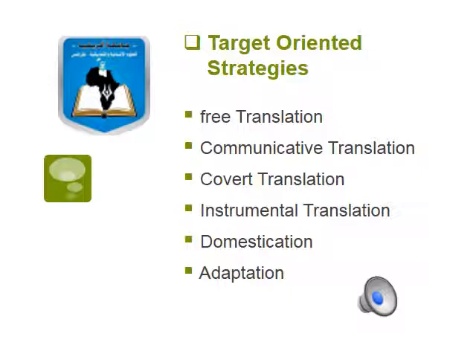And we move now into our last strategy in this slide. As I told you, there are so many, but we chose just a number of them. And that's adaptation. Adaptation is a motivated intervention by translators to re-render a source text in terms of context and function.